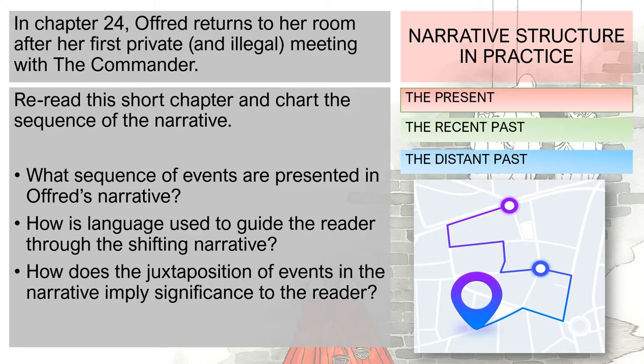I'd also like you to explore how language is used to guide the reader through this shifting narrative, and what these juxtapositions tell us, whether explicitly or by implying significance and characterization of Offred. So reread the chapter now. Begin by attempting to chart the sequence of events within that chapter.